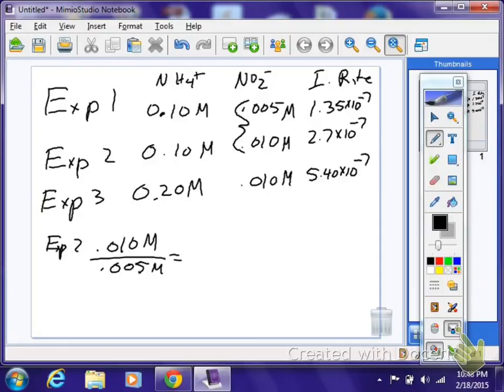And you get a value that's 2. That would be twice as great. So the concentration is twice as great in experiment 2 versus experiment 1.